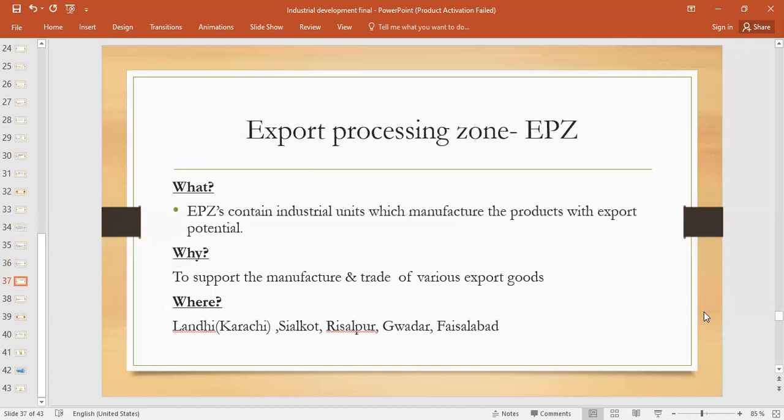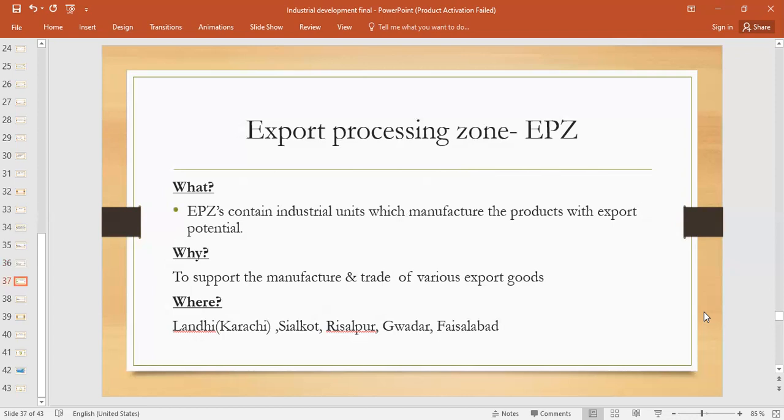Okay, what are EPZs? The full form of EPZ is Export Processing Zone. EPZs contain industrial units which manufacture products with export potential only, right?